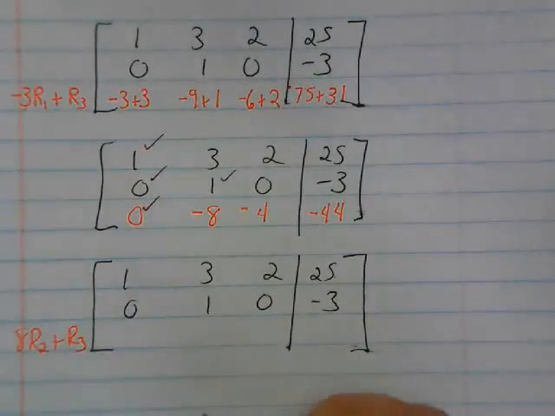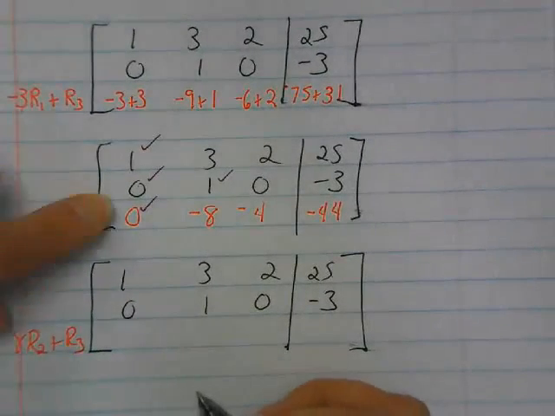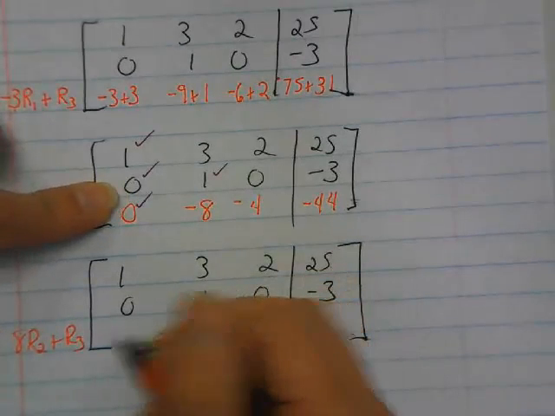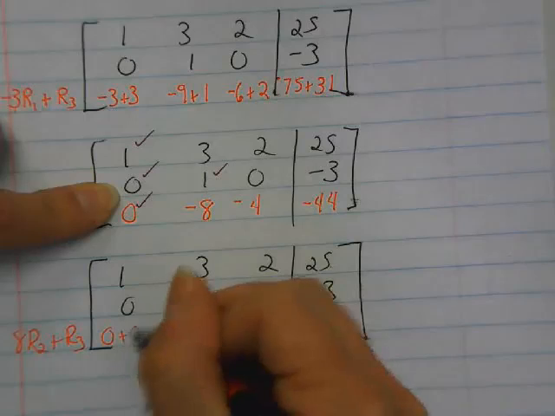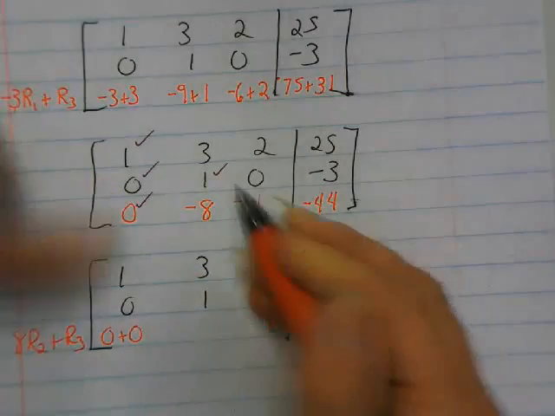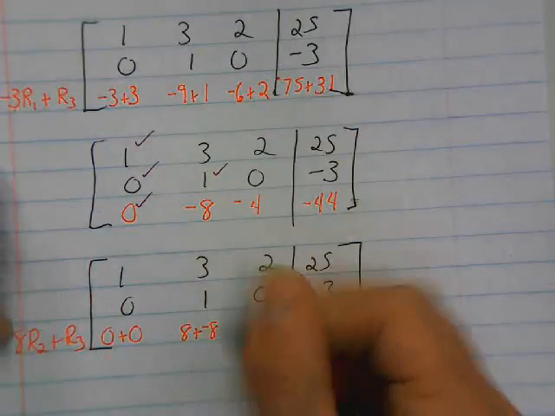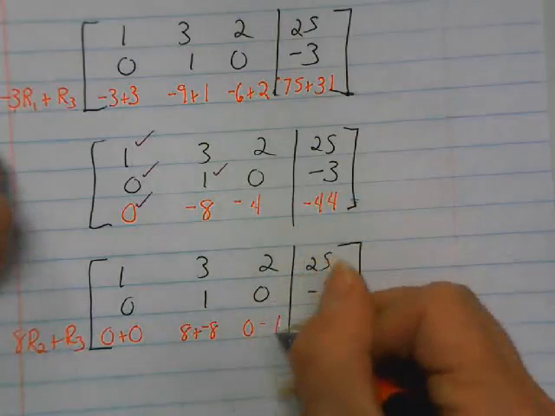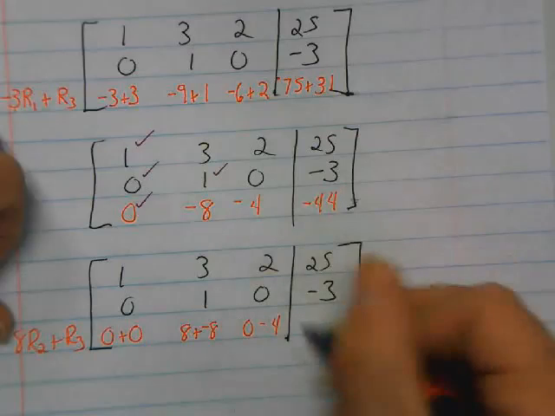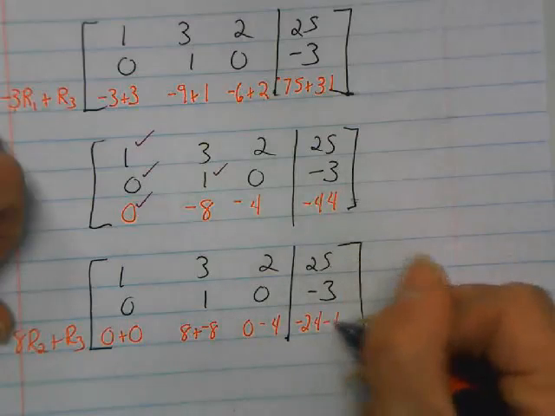So 0 times 8 is 0 plus 0. That's good, I keep my 0. 8 times 1 is 8 plus a negative 8. Good. 0 minus 4. And 8 times negative 3 is negative 24 minus 44.